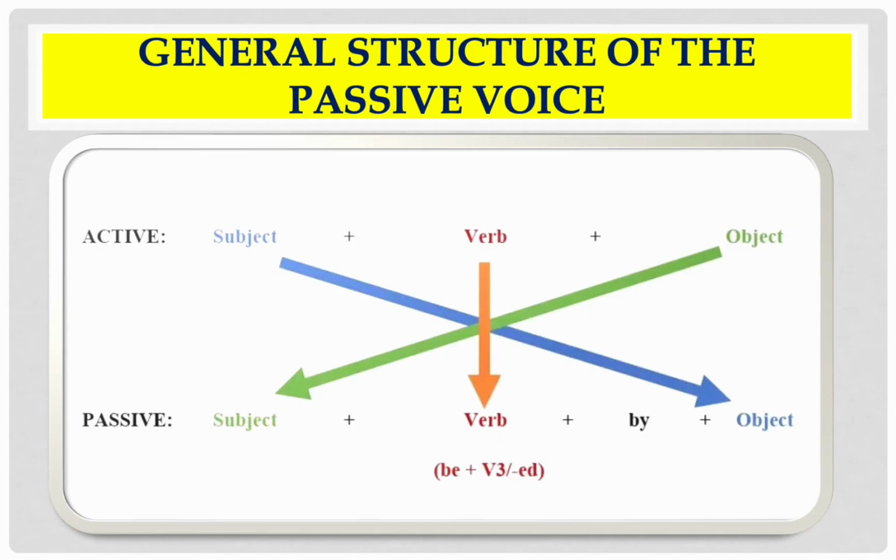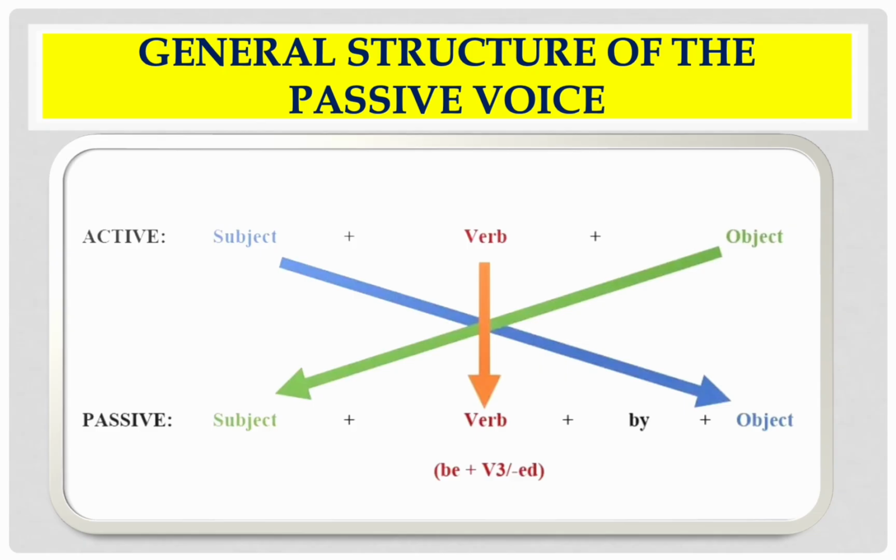There are three things to remember when making a passive sentence. First, the object in the active sentence becomes the subject in the passive sentence. Second, the subject in the active sentence usually moves to the end of the passive sentence and is introduced with by, if you want to mention it.